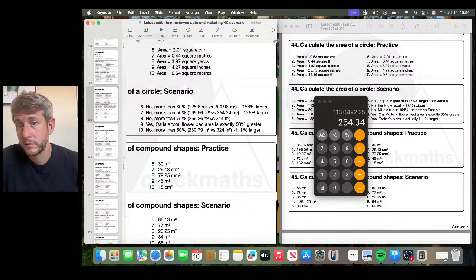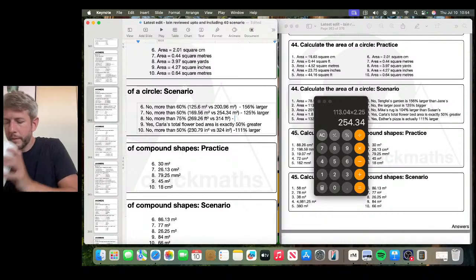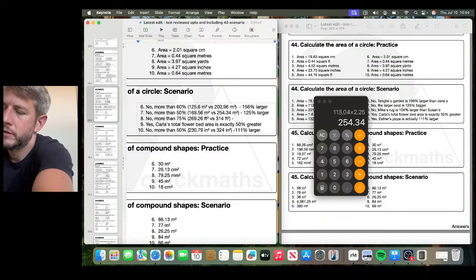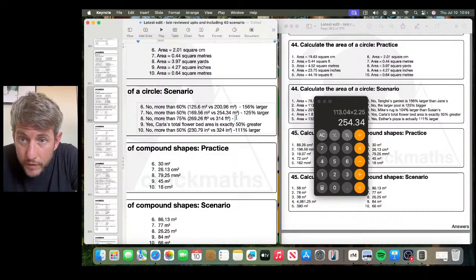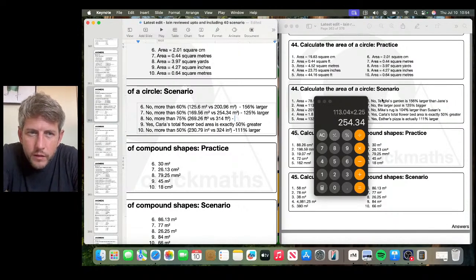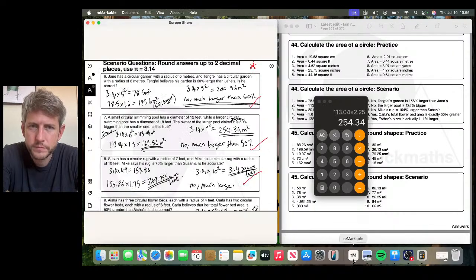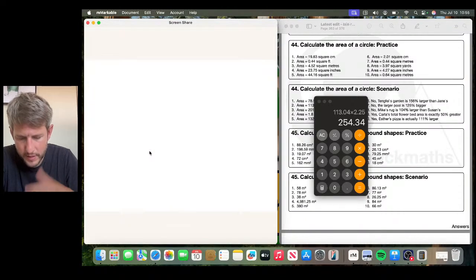Right, so here we've got number 4, question 7, 104% larger. So that's one that's here.